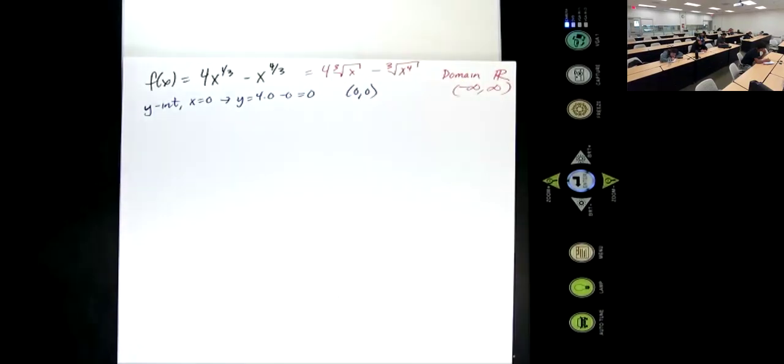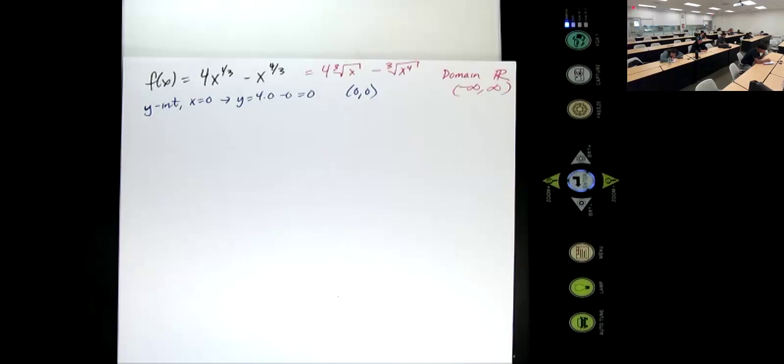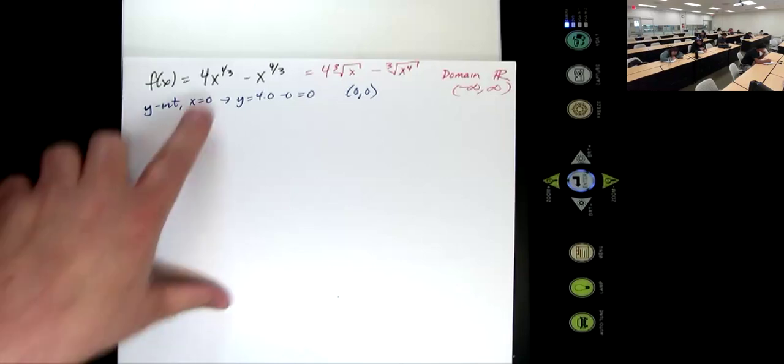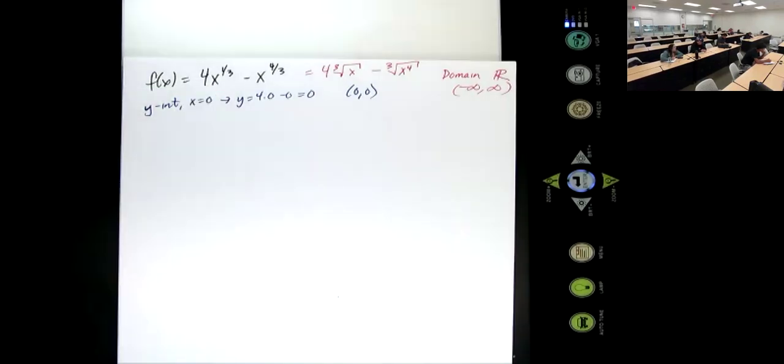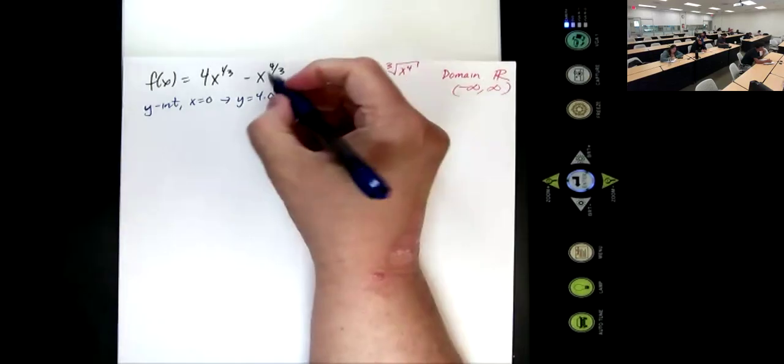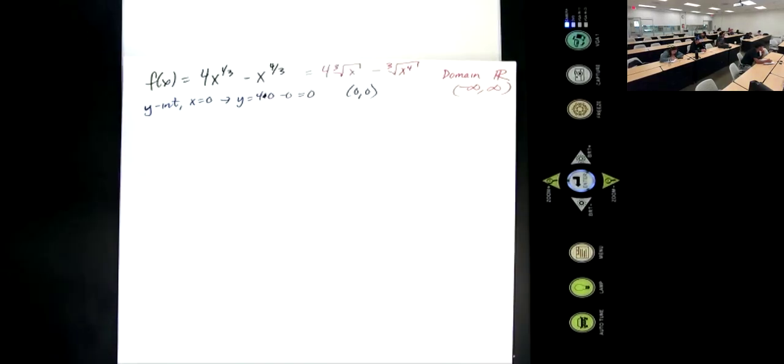So 0, 0 is our y-intercept. It looks like it's one of our x-intercepts too. Is that 4 times 0? Yeah. Because if I stick in 0 for x, I have the cube root of 0. Yeah, it kind of looks like 4, 0, doesn't it? Yeah, that is.